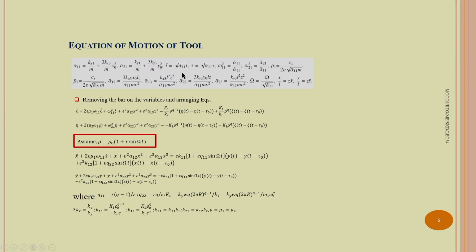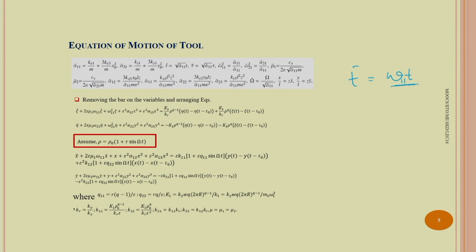The non-dimensional time can be written as t bar equal to root over alpha 1 1 t, that is omega t. Generally we take t bar, the non-dimensional time, equal to omega into t. For the x direction this is omega 1 1. The units are radian per second into second, so this becomes radian, that is the angle.